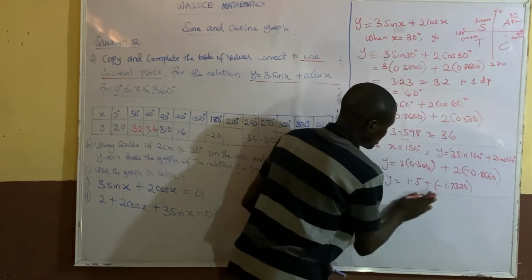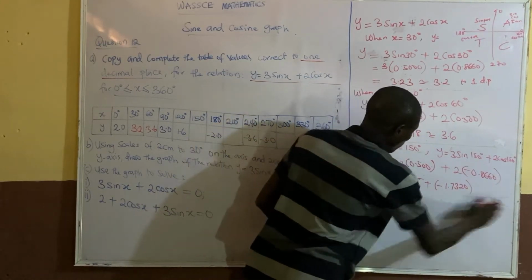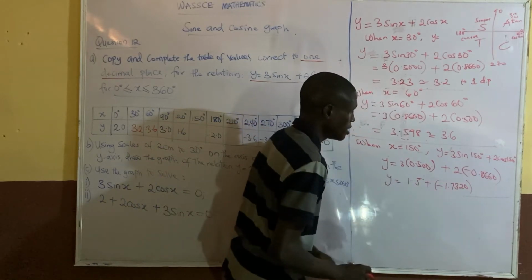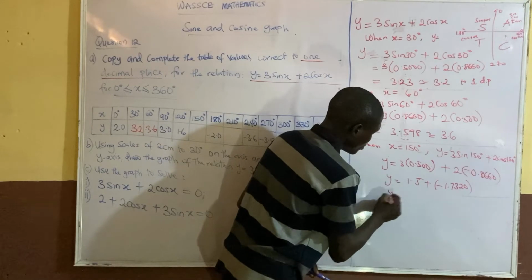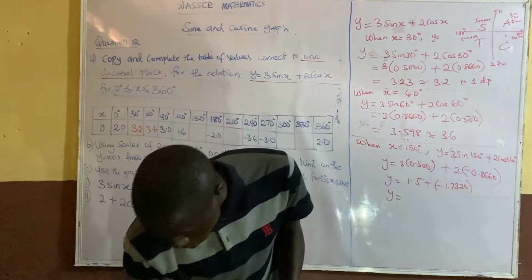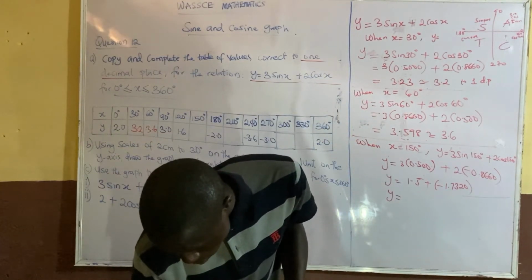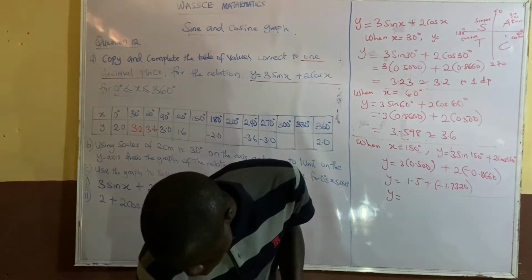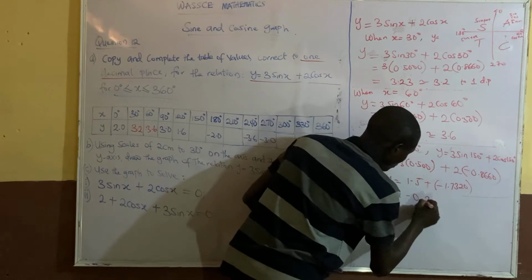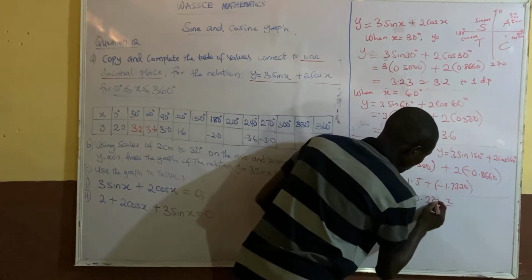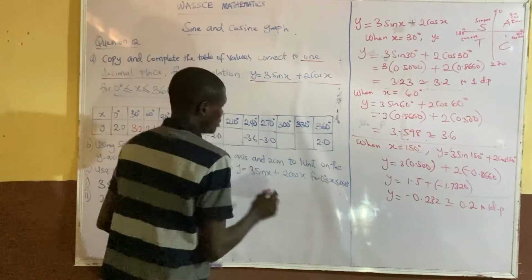So when you add it together, it will be 1.5 minus 1.7320. So y will be equal to, when you press your calculator, minus 0.232 approximately.